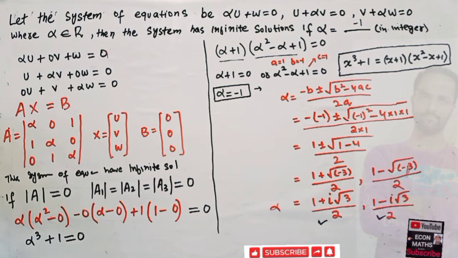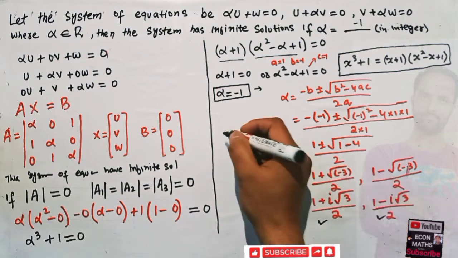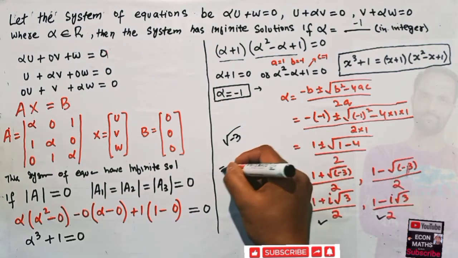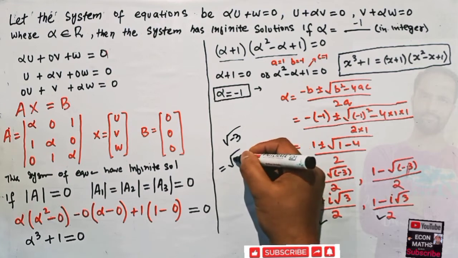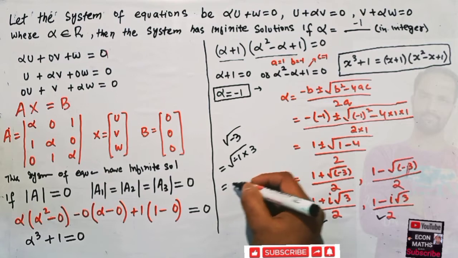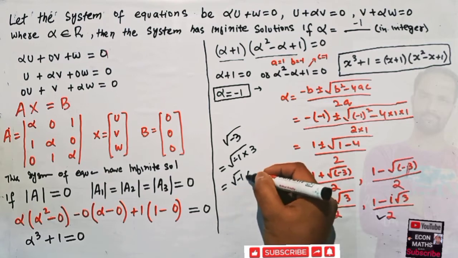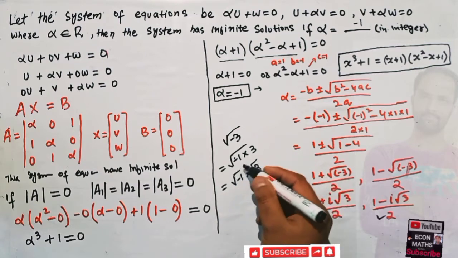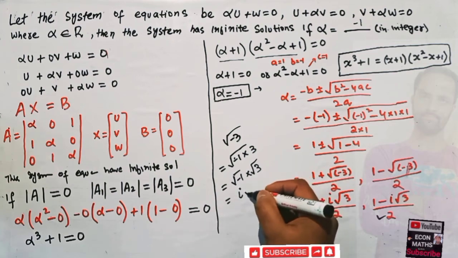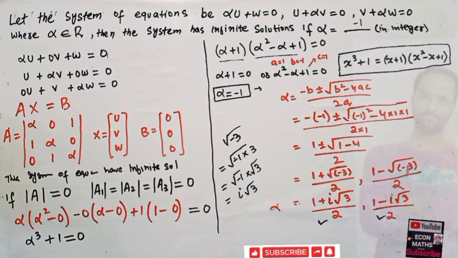How do we write this minus iota? We know that under root of minus 3 can be written as under root of minus 1 into 3, so under root minus 1 into under root 3, and under root minus 1 is always equal to iota. So we got the value of alpha is equal to minus 1.